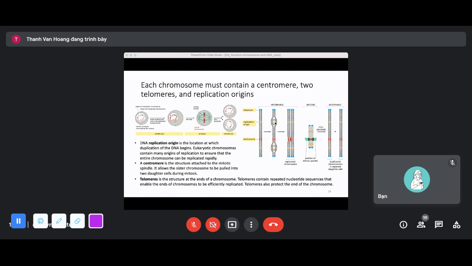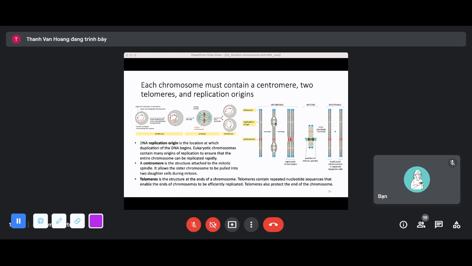Each chromosome contains many DNA replication origins, because you know that we have 3 billion nucleotides, right? So the whole DNA of the cell has to be doubled when the cells divide, right?